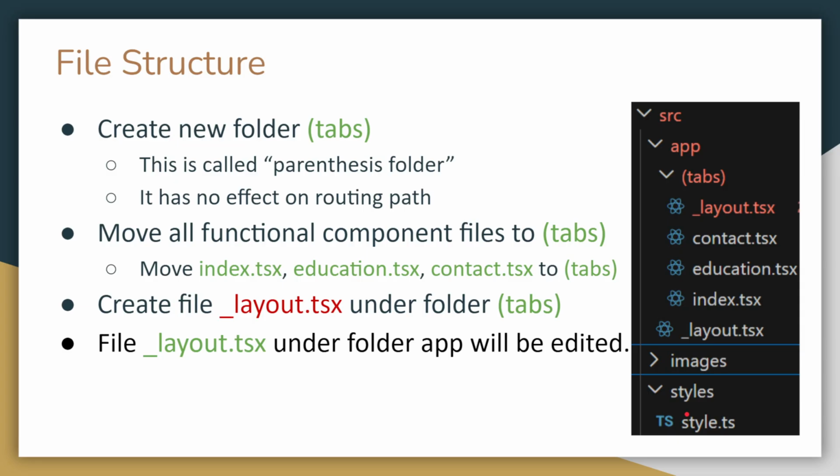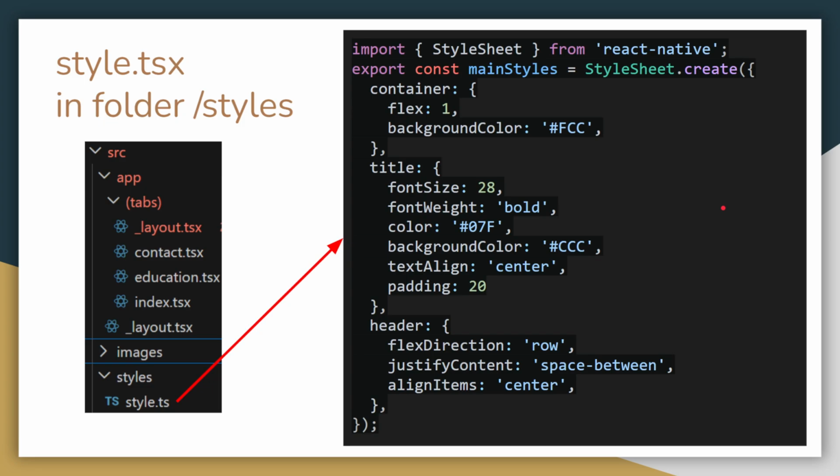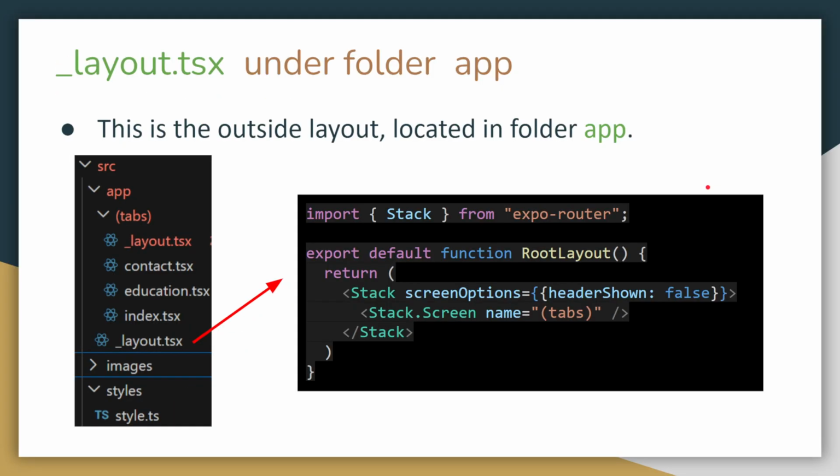I want to keep it simple for this video. I'm not going to use images and styles. So I will focus on the screens only. If you want to do it, you can do it yourself. So the example would be this one and the layout.